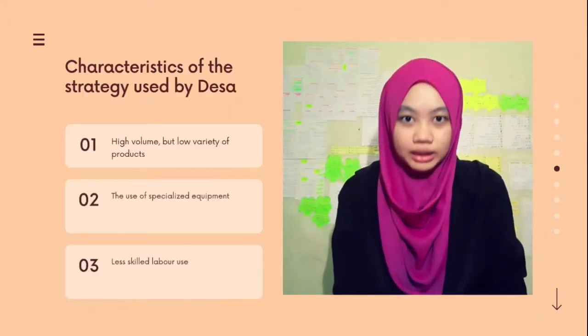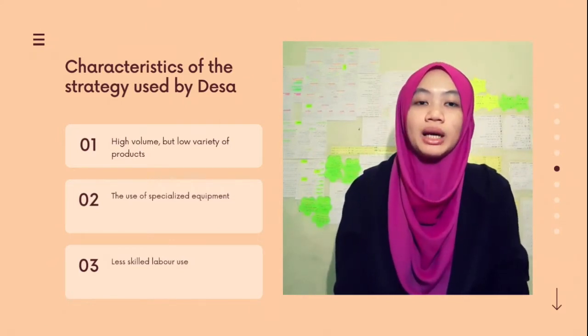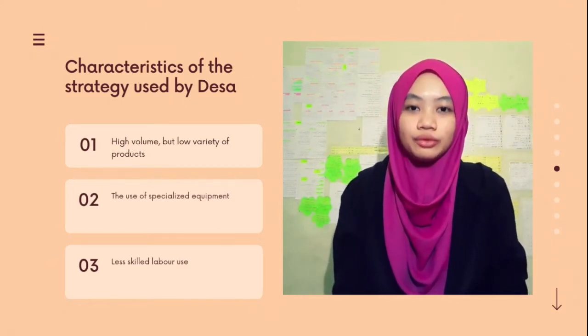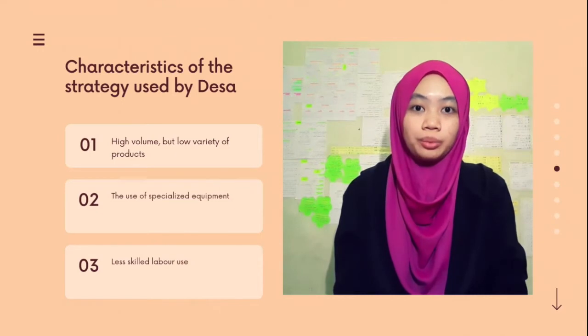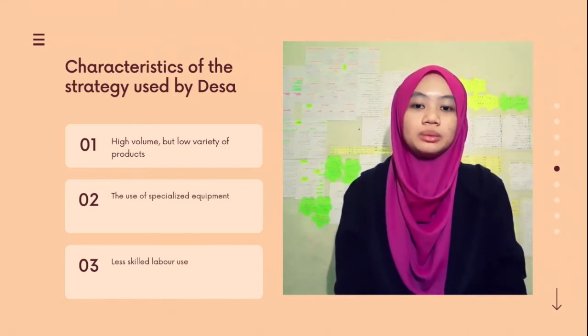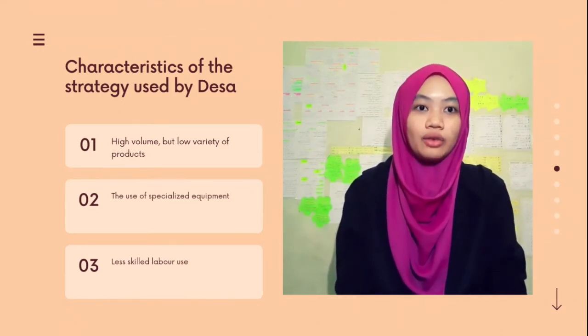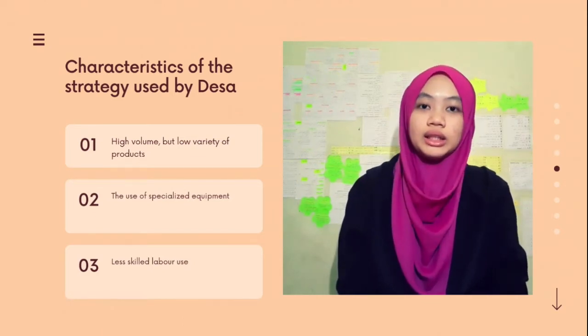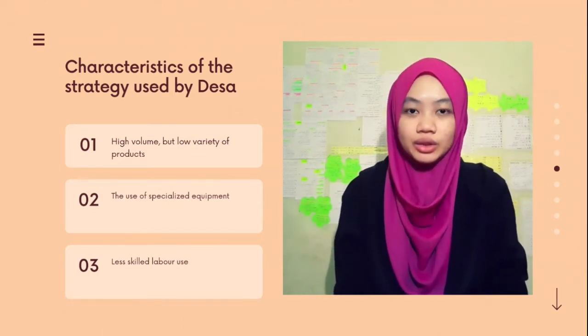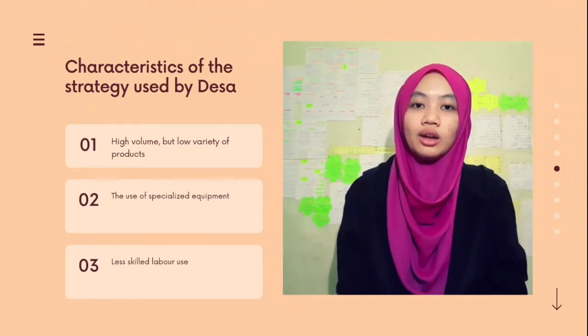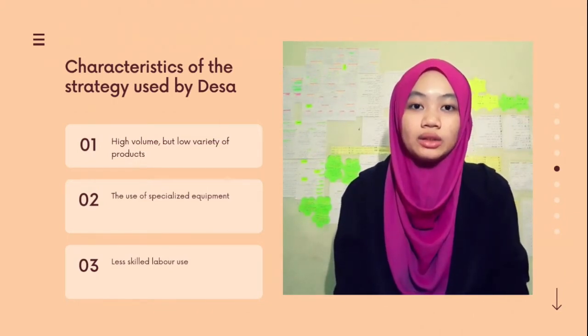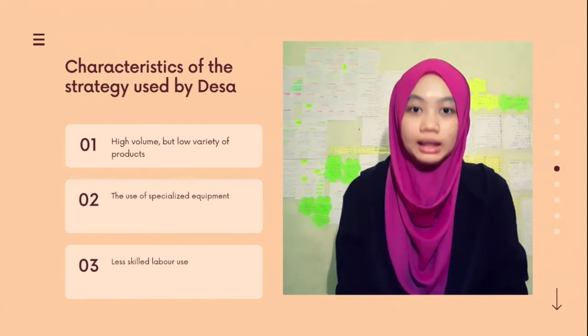The characteristic of the strategy used by Desa: first, high volume but low variety of product, because the Desa factory can produce a high quantity at a time because of the machines used. And low variety of product because the product is made from milk only.